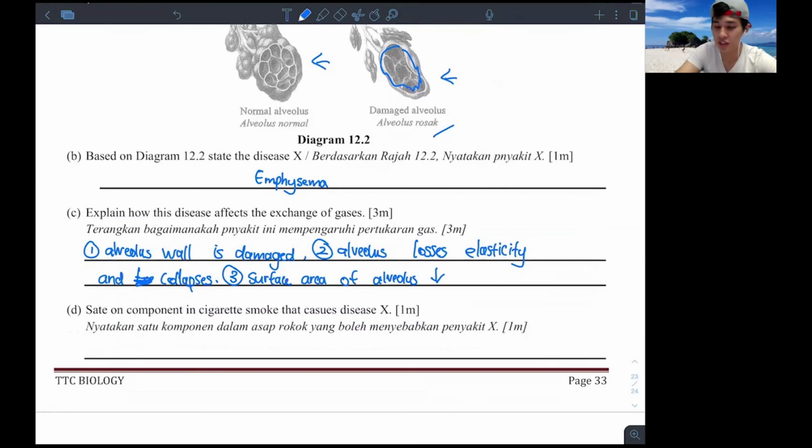And then how does it affect gas exchange? You can see there's more than 3 marks here. So lastly, gas exchange becomes less efficient.